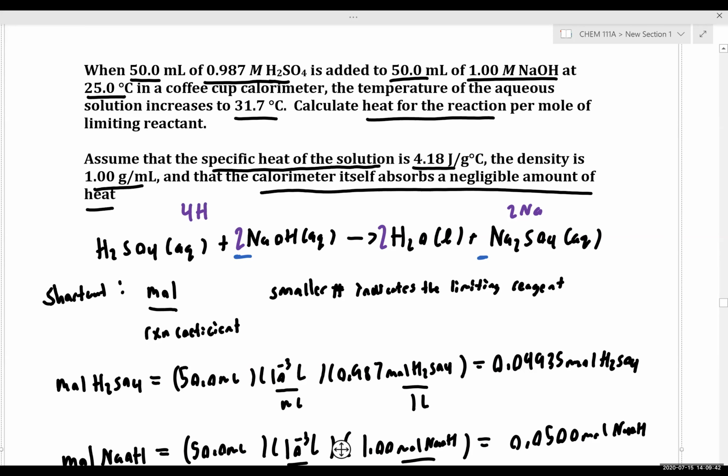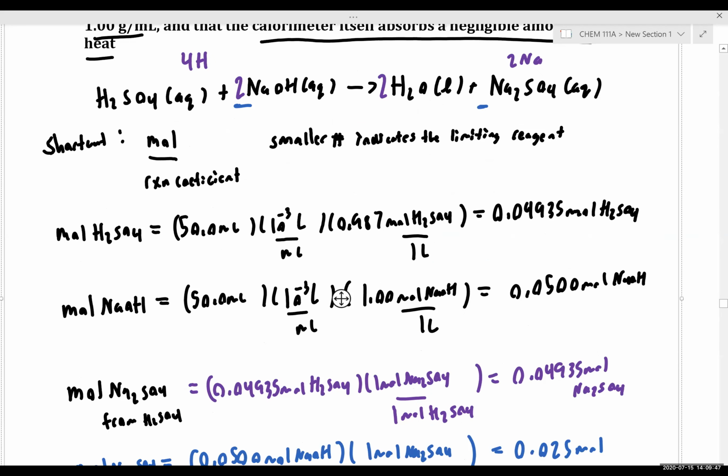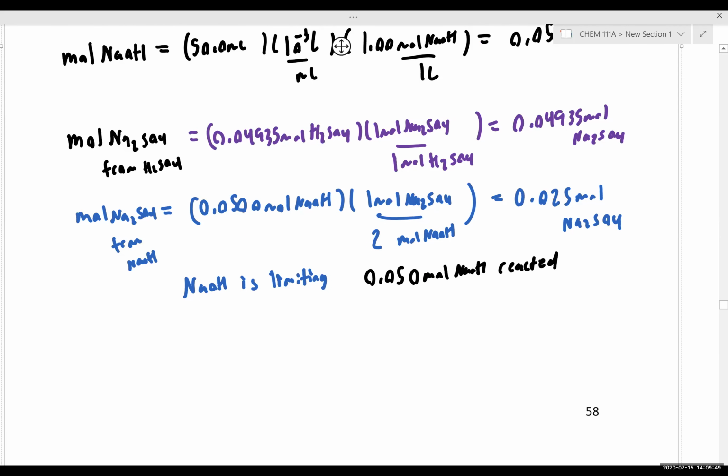We know the volume of sodium hydroxide is 50.0 mL. We know the volume of sulfuric acid is 50.0 mL.